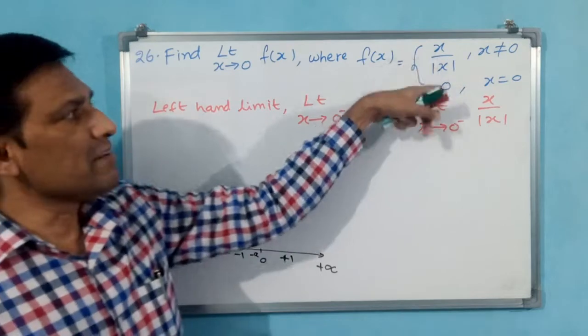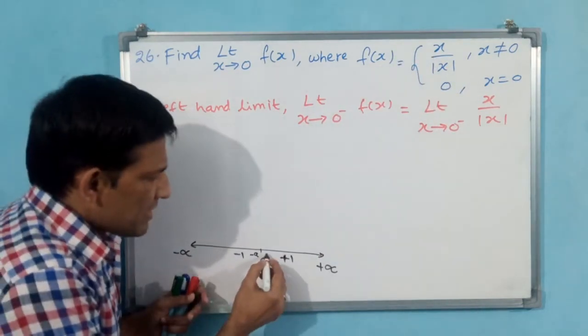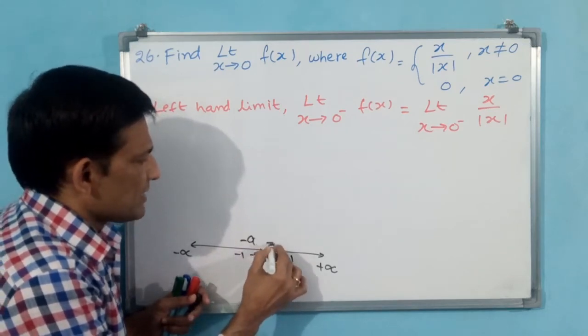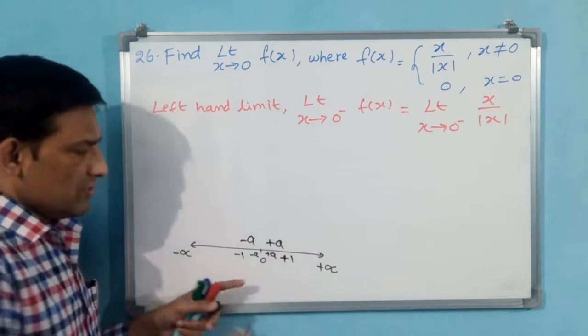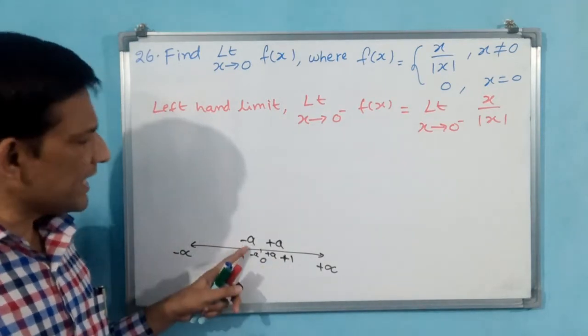Because here we are doing division with modulus. Another one is slightly greater, but it is plus a. I am writing like this: minus a, plus a. Left side of 0, minus a will be there; right side of 0, plus a will be there. Why have I not taken x?